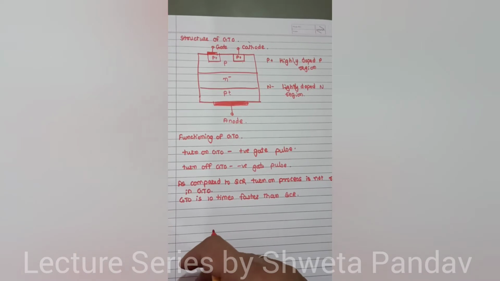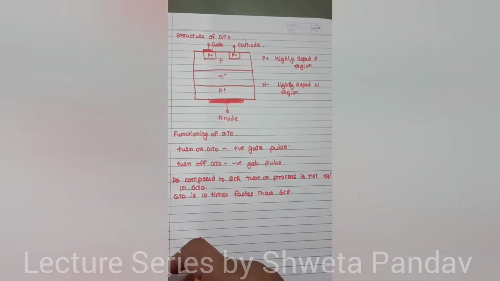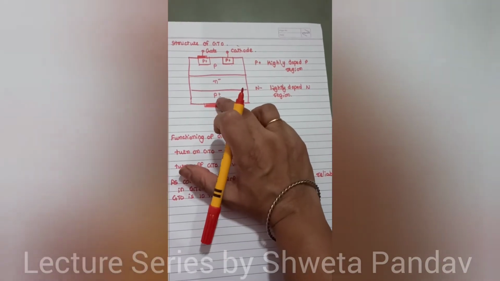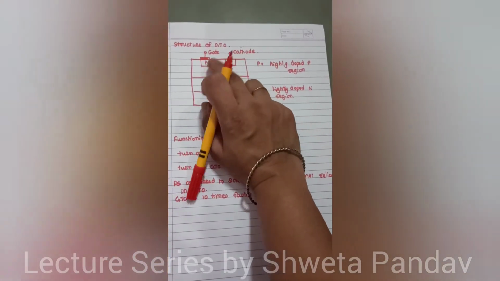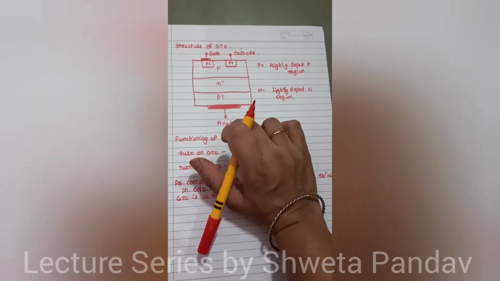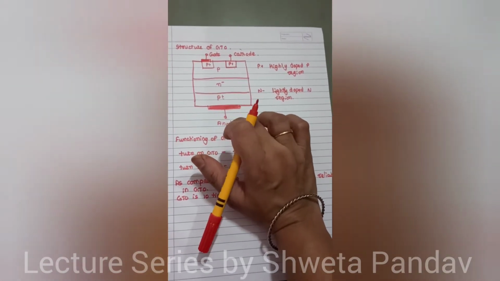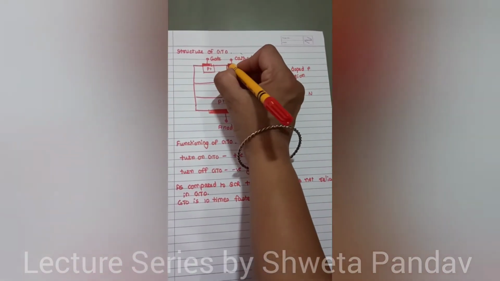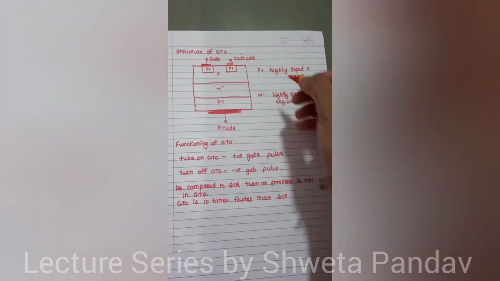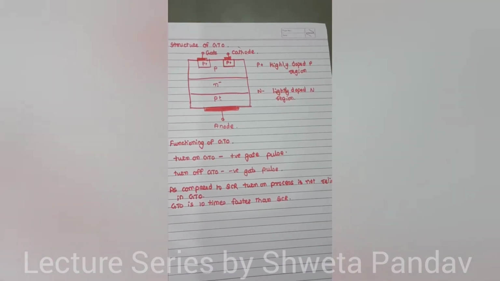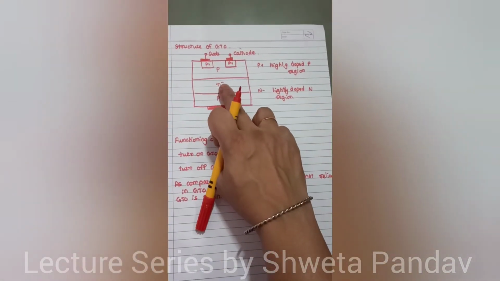As we had seen, the structure of GTO consists of P plus region, N minus region, and these two P plus regions. The anode is connected at the lower terminal here, and cathode is connected to the upper side here, and gate is connected to the P plus region. The plus sign indicates highly doped region, the negative sign indicates lightly doped region.